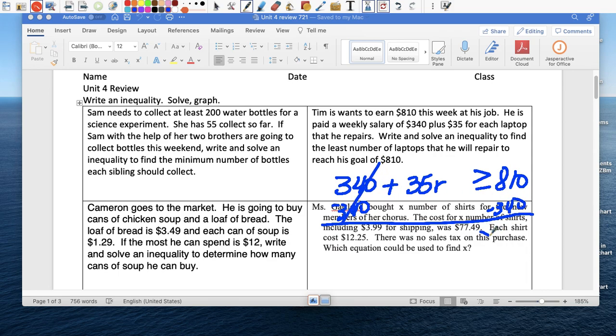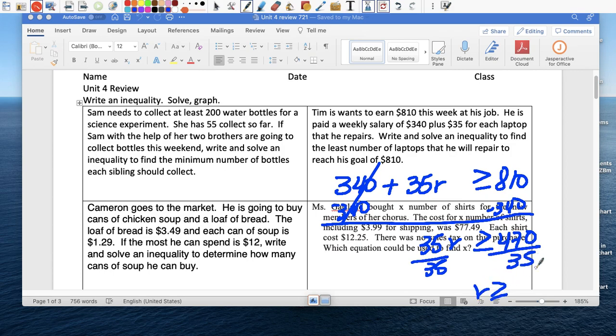So we know he doesn't need to make $810 or repair $810 worth of laptops, but instead he has to repair $470 worth of laptops. And if each laptop that he repairs is $35, well, let's figure out. Divide both sides by 35.